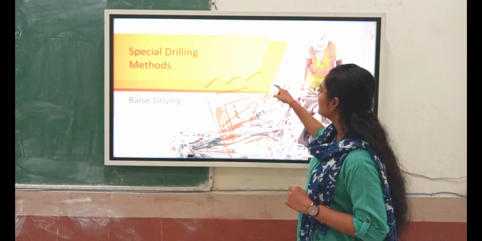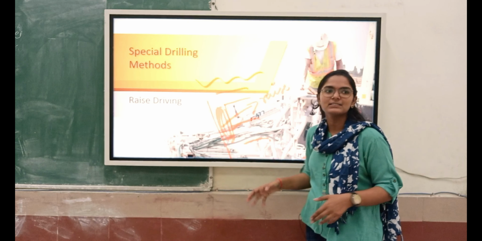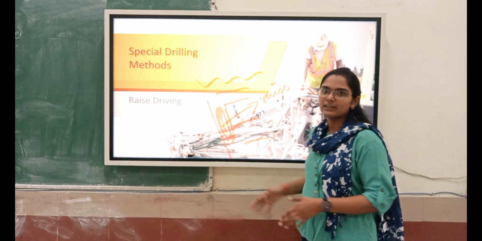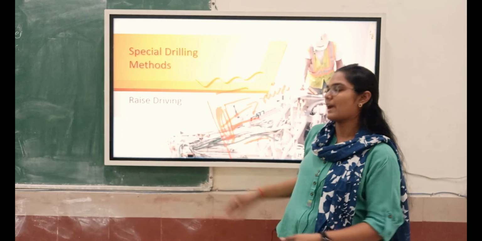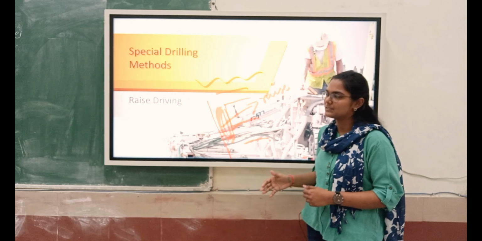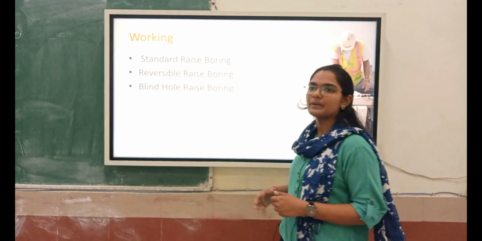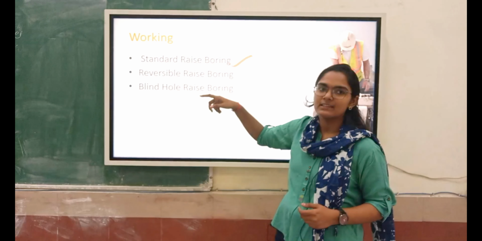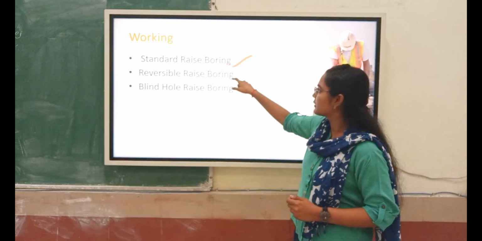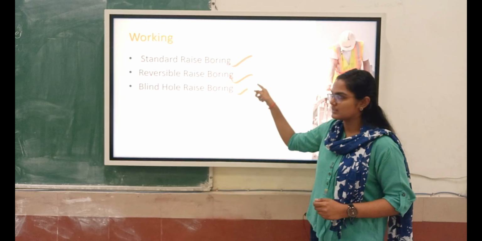It is basically located near the vertical axis or on the vertical axis, in the middle of these two levels. This is called a raise. There are three methods in raise driving: the first and foremost, standard raise boring; the second, reversible raise boring; and the third, blind hole raise boring.